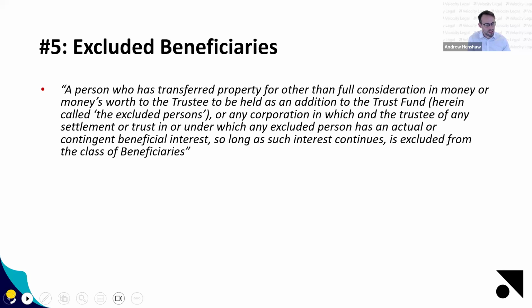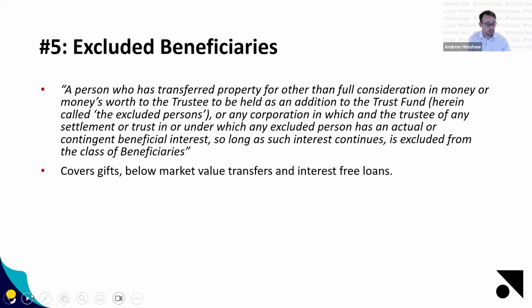So this is huge, because this would cover any gift, any below market transfer, any interest-free loan to a trust, anything that's done not at market value would be caught by this. So you've got your settlor that contributes $10, but the rest of the money in the trust had to get in there somehow. Those people would be excluded potentially under a notional settlor provision.